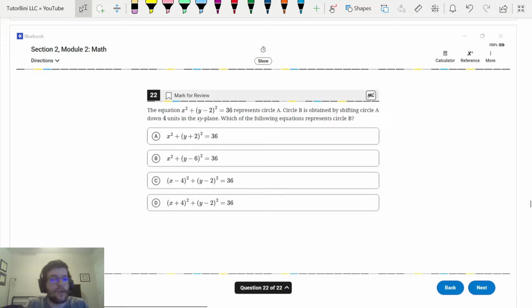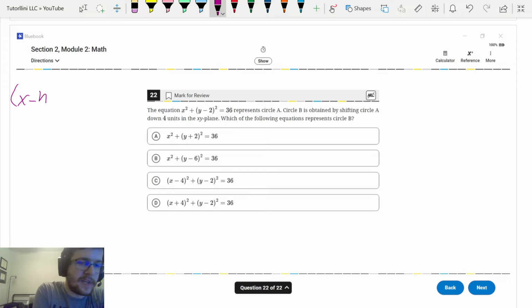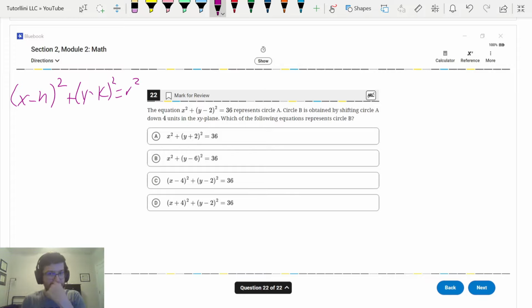Okay, shifting a circle, we don't have to think about as much because all we do is just track the center. Just like how if we shift a quadratic, we can just track the vertex. So the equation of a circle, I wrote this before, but it's x minus h squared plus y minus k squared equals r squared, where h comma k is the center.